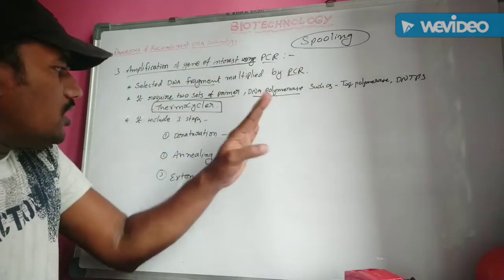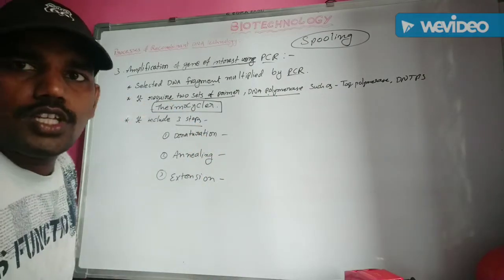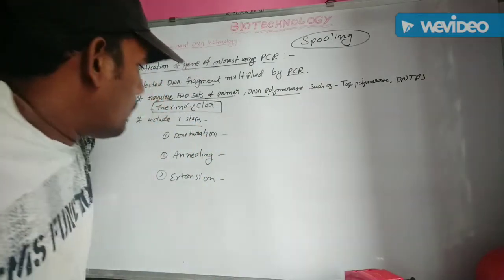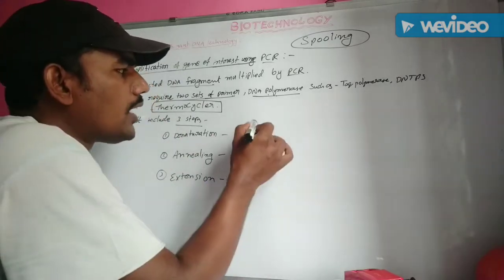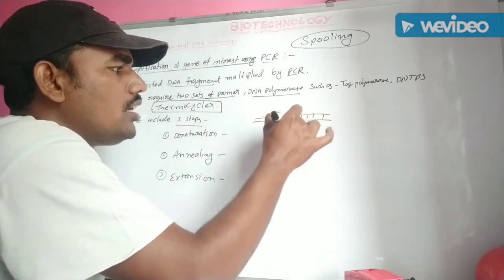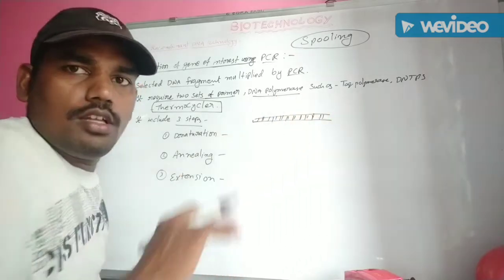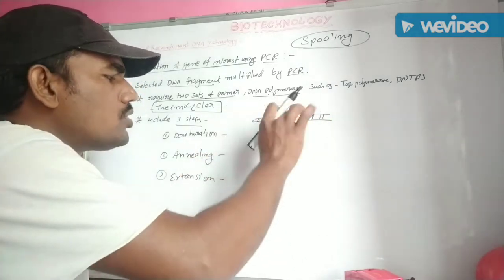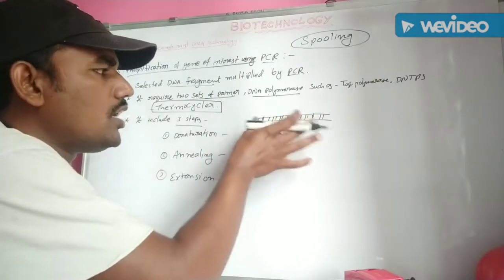This PCR process mainly includes three steps. The first one is denaturation. That means we have selected one DNA fragment. The DNA is double stranded. First of all, the two strands are separated.